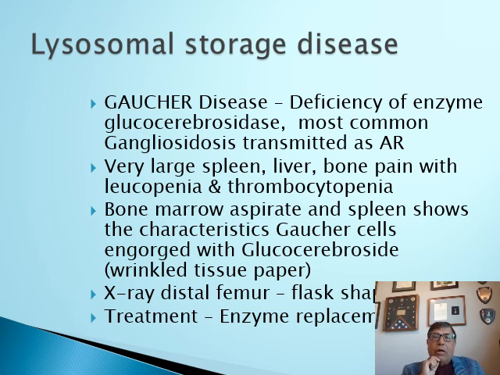If you do the bone marrow aspirate, which is also one of the diagnostic procedures, and also the spleen biopsy, it will show the characteristic Gaucher cells, and they are nothing but cells engorged with glucocerebroside, also known as wrinkled tissue paper.